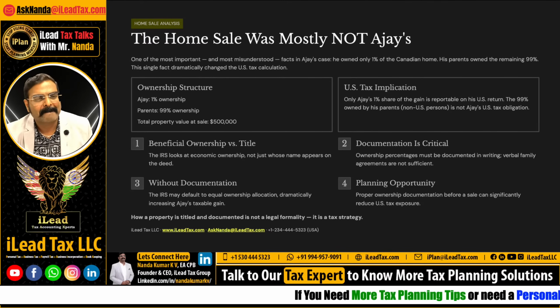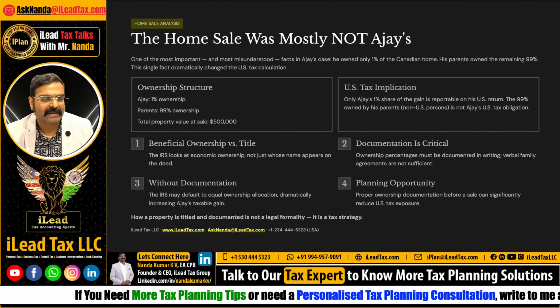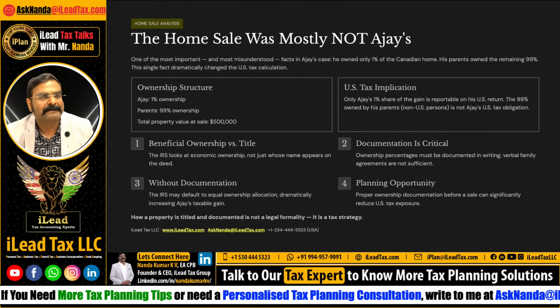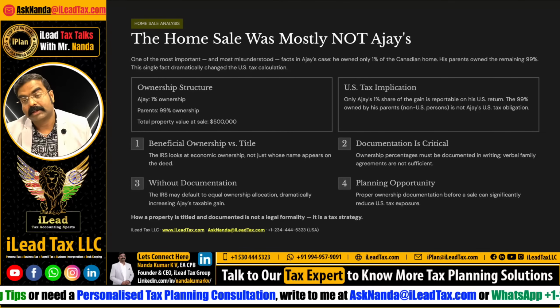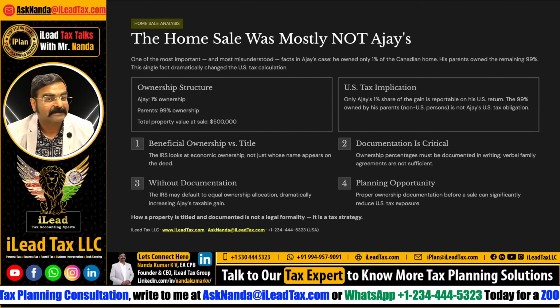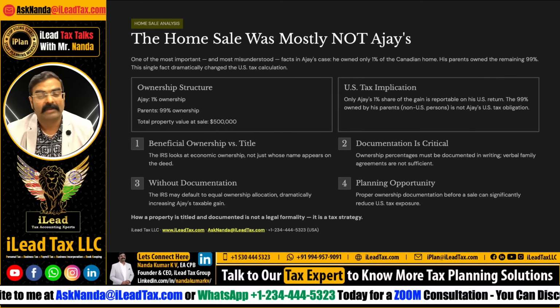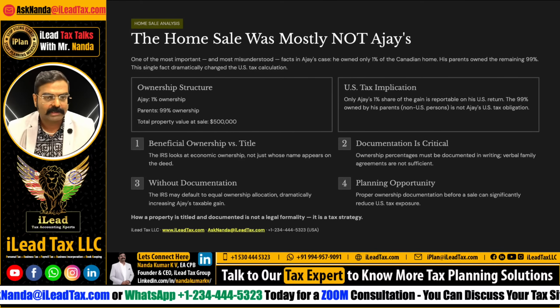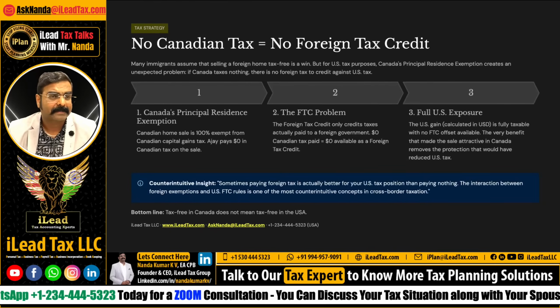Without the ownership documentation, this defense does not exist. Verbal family understanding, invisible to the IRS. But a title deed showing Ajay and parents with no ownership percentages, the IRS can argue equal allocation. Hence, the documentation is everything. Very important. Document.